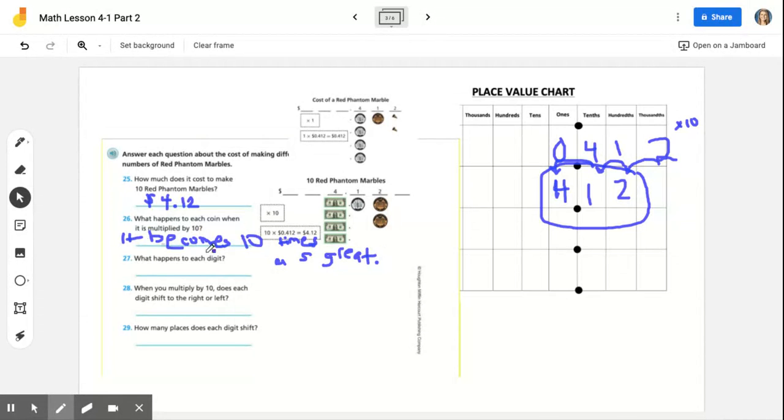Do you have that for your answer for 26? 10 times as much. And then number 27 says what happens to each digit? Well, in terms of its value, it becomes how many times as great? 10 times as great. So each digit's value becomes 10 times as great.